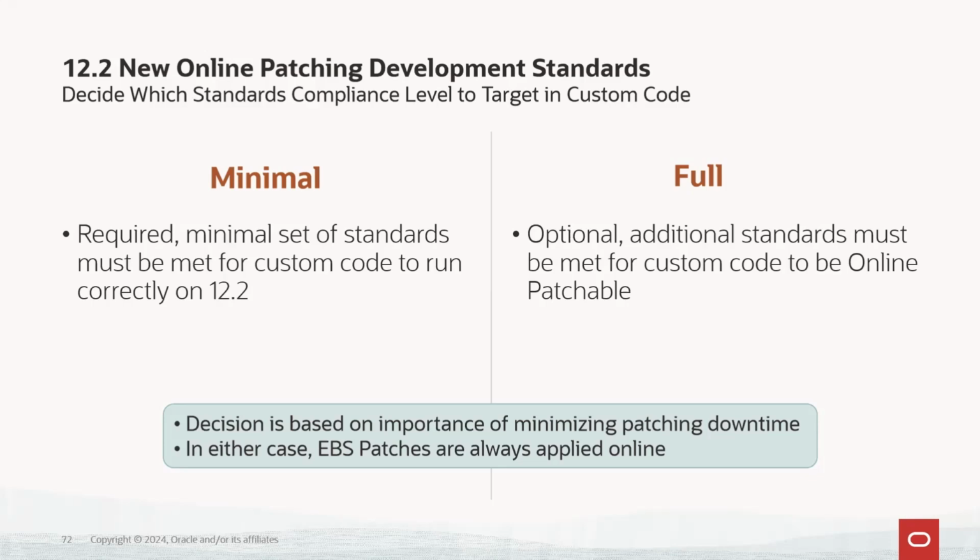The one on the left, the minimal compliance, is just a required minimal set of standards that you must meet in order for your custom code to run correctly in a 12.2 environment, while a fuller standards compliance level is what you would choose to meet if you want to minimize your online patching time. That's the level at which the e-business suite patches are targeted. The decision between these compliance levels is completely up to you based on the importance of minimizing your patching downtime.